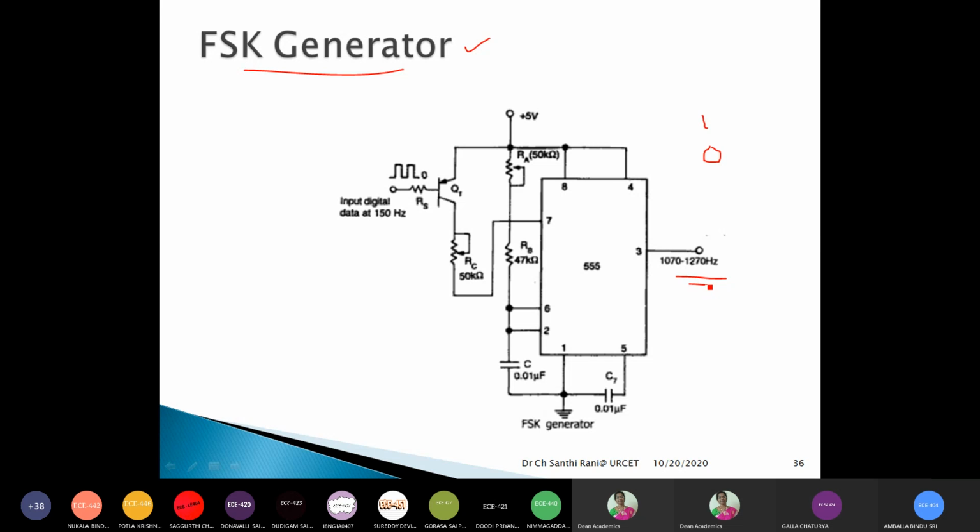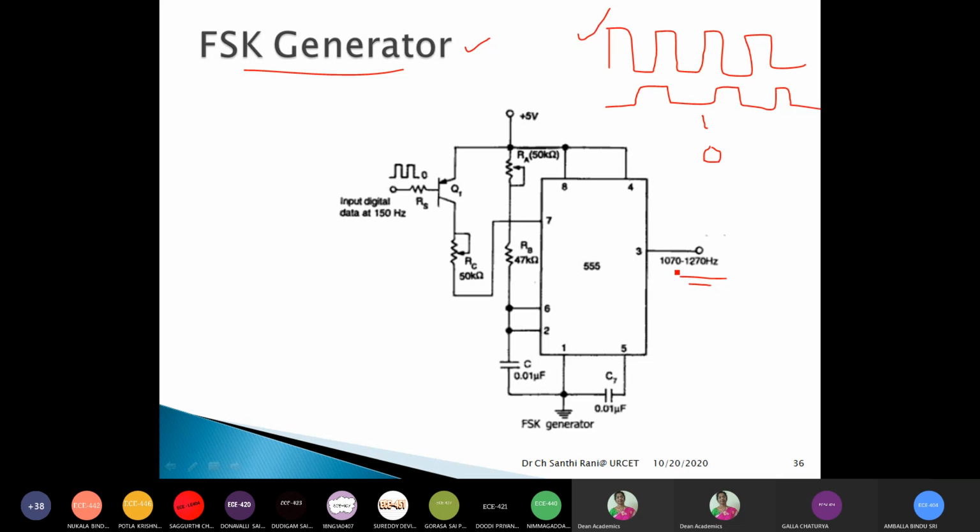So how is it possible to have these two frequencies from the same circuit? We know that our astable multivibrator is a free running oscillator that can generate a square wave output of the required frequency. Now, how is the same circuit able to generate two different frequencies, because for frequency shift keying two frequencies are required? One is 1070 hertz, which is the standard used for FSK signals in certain applications like teletypewriting.